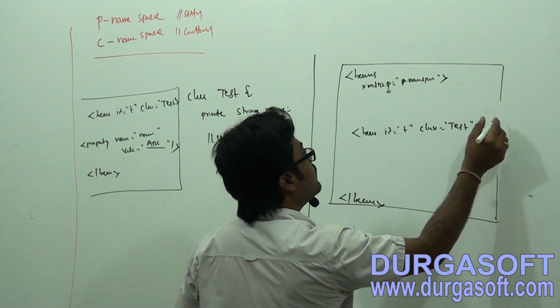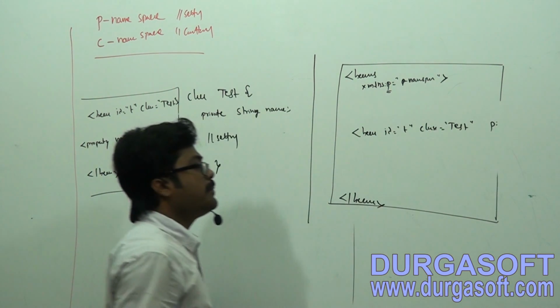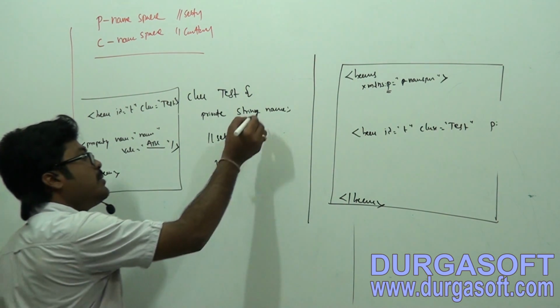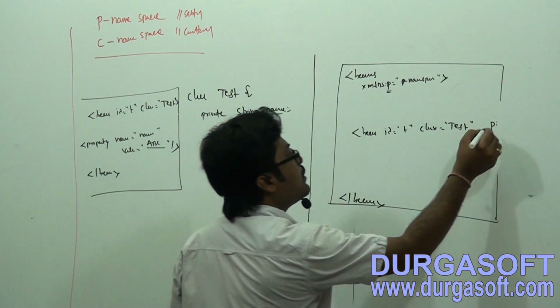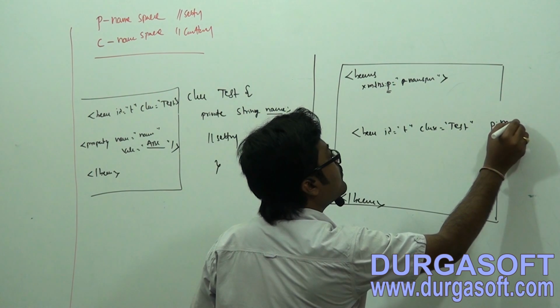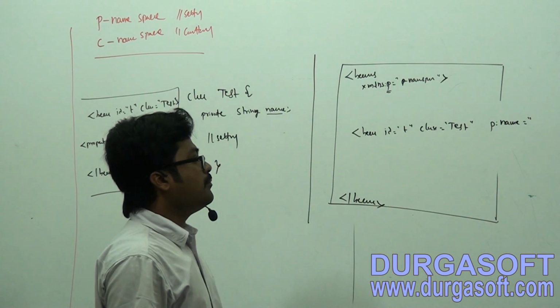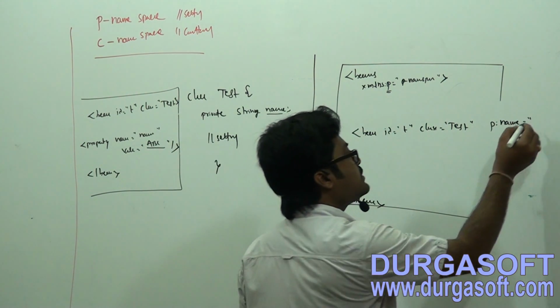P colon, if it is a primitive type, then directly you need to call that primitive type name: P colon name, and you can pass that name value here.